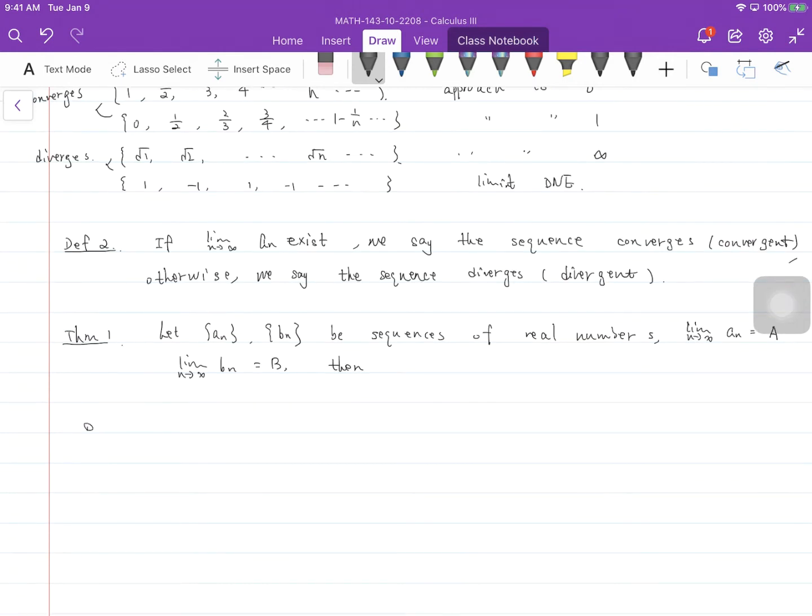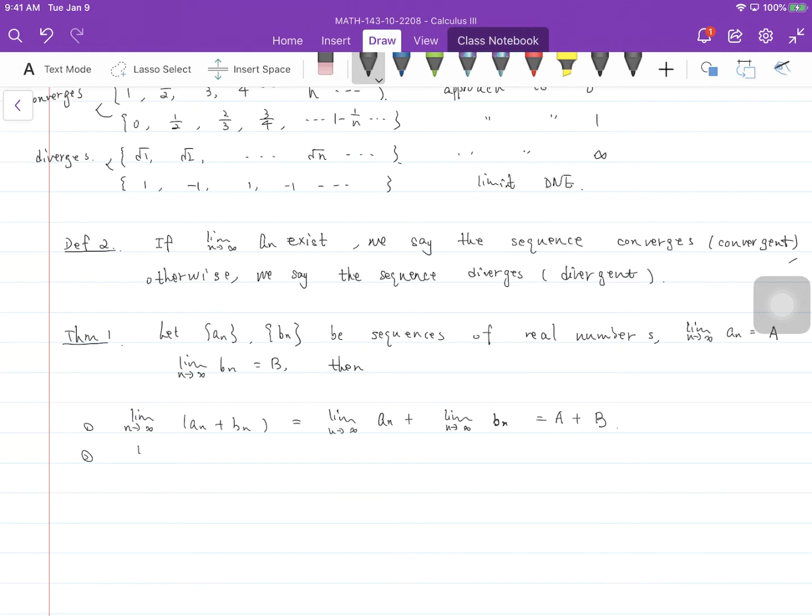The first one, the limit of a_n plus b_n. This is the limit law we learned in calculus 1, so here we just do a quick review. This equals capital A plus capital B. We also call this the sum rule.